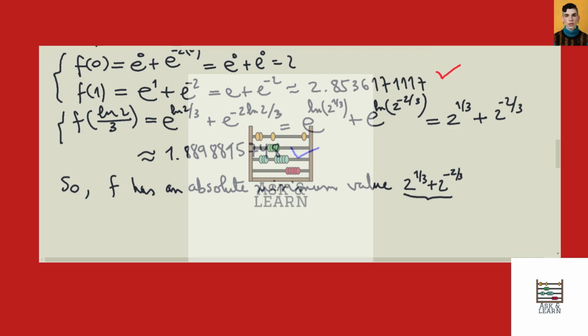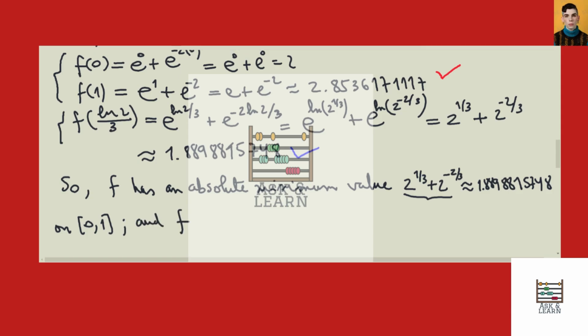This is the exact minimum value of the function over the interval 0, 1. We put it in here, and we know that this value is approximately equal, as we saw above, to 1.8898815748 on 0, 1.